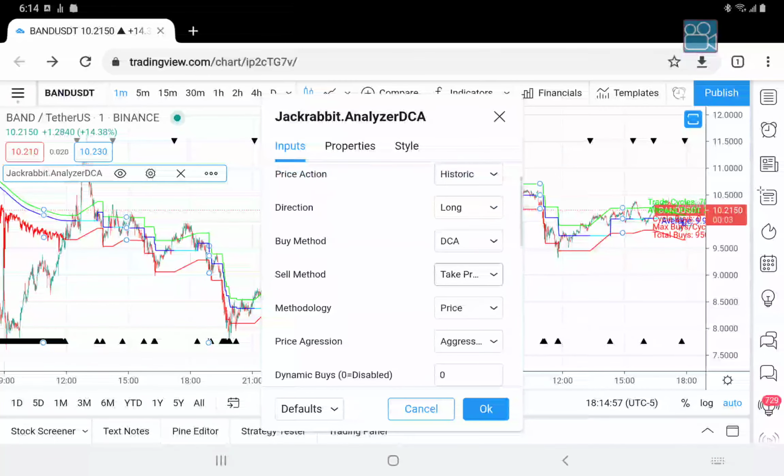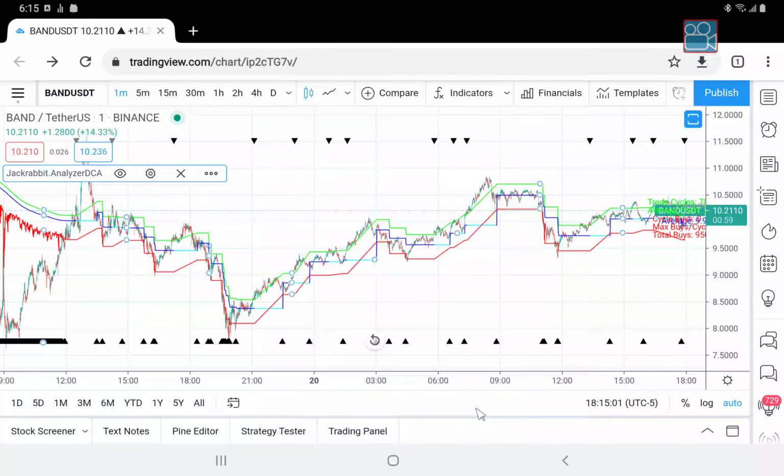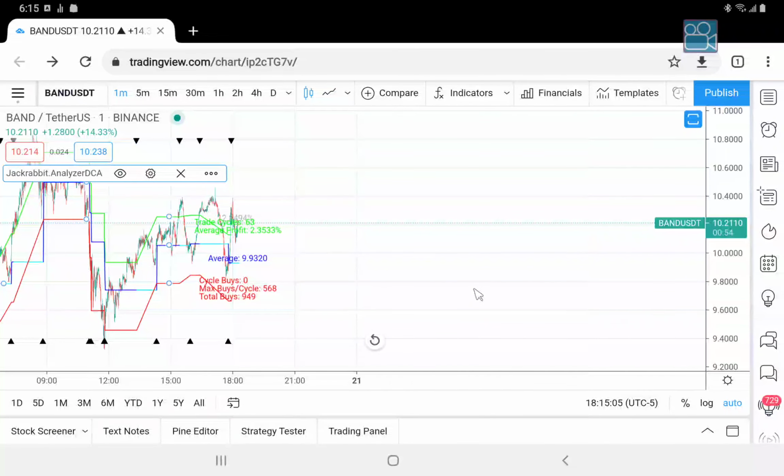And I still have the aggressive system to help bring all this out. So, 568 purchases for my maximum purchases per cycle.